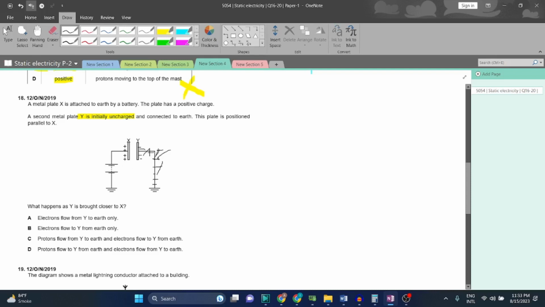So all we will be left with are negatively charged particles at Y. Acha, let's check the answer.